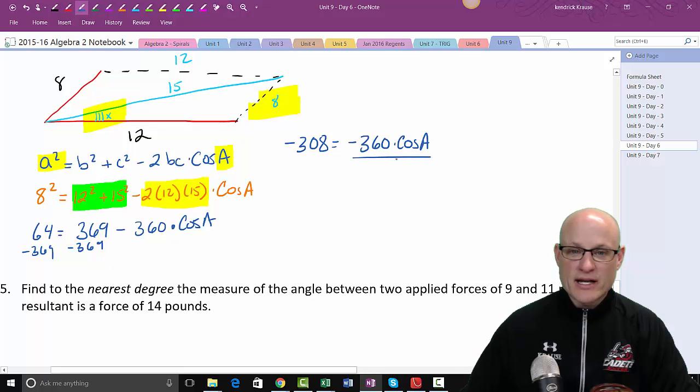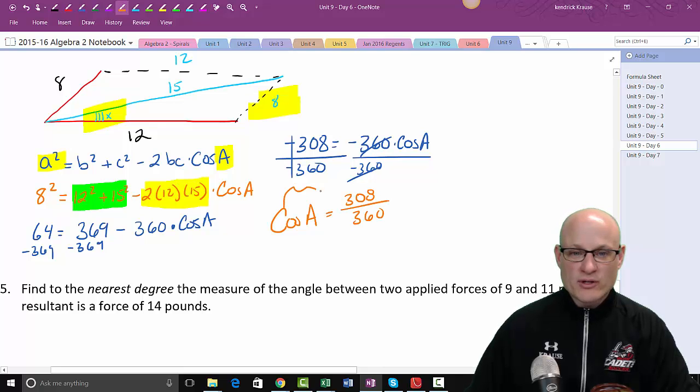Now we're going to divide by negative 360. The two negatives make a positive. So I end up with cosine of A is equal to 308 over 360. Now I'm going to bring that cosine over here and make it inverse cosine.